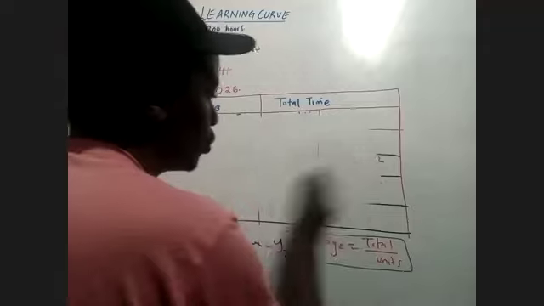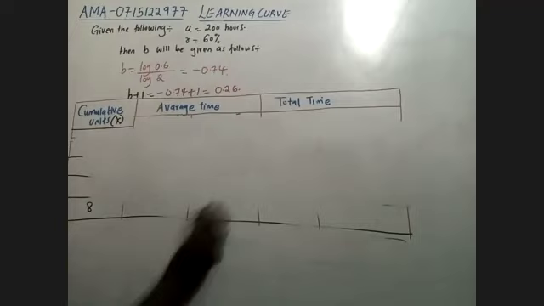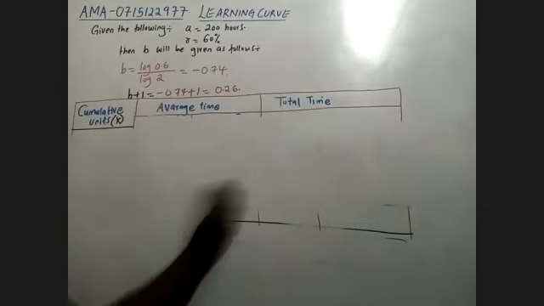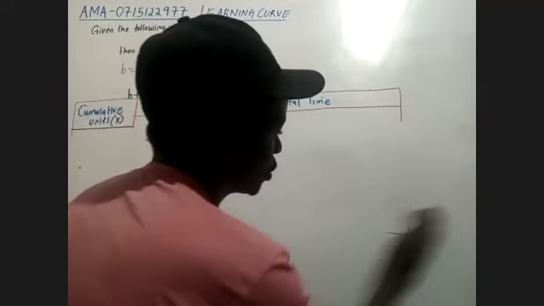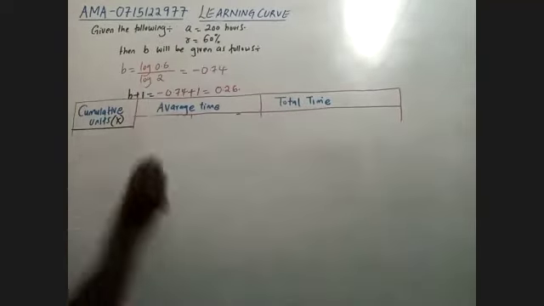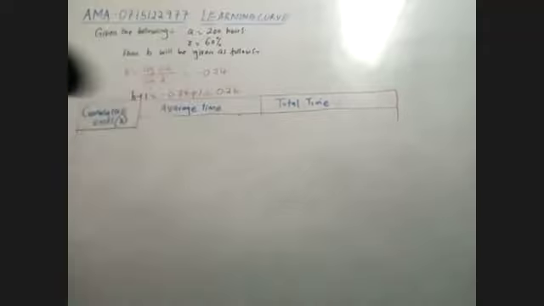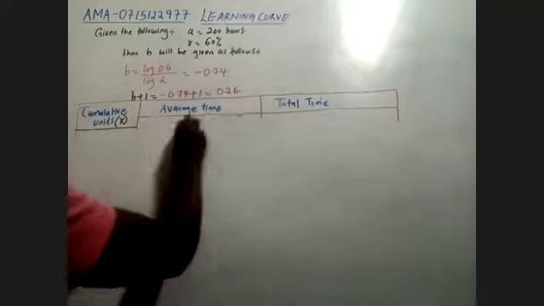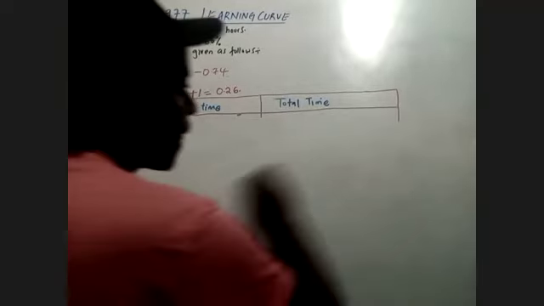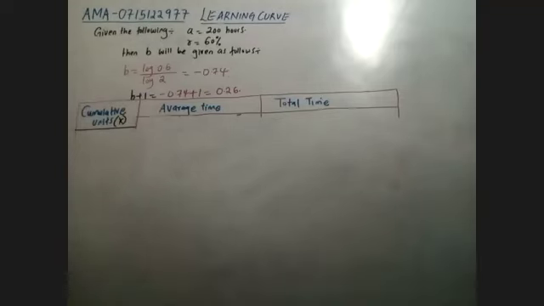Wacha nimalizie ndio you see how you shall refresh side yako. So let me first finish kuichora so that you shall know how to do it on your side. Ndio tukienda kwa past paper ndio unajua.